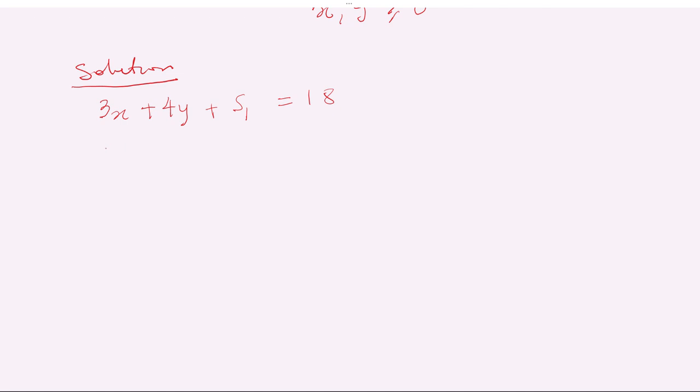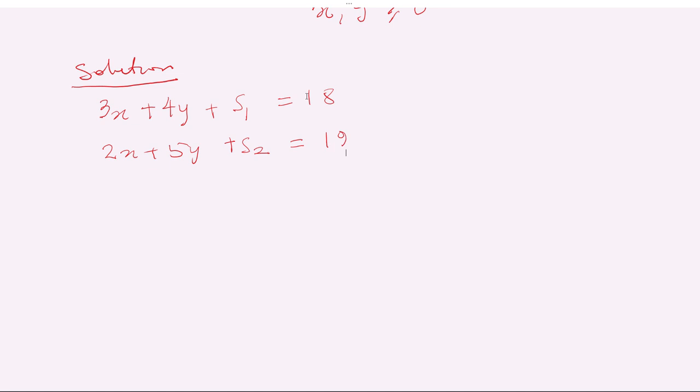We also need 2x plus 5y plus something, let's call it s2, equal to 19, right? So that makes that equal to that.